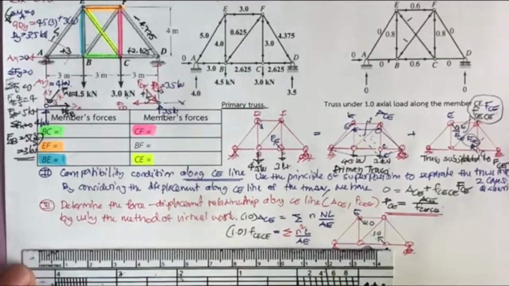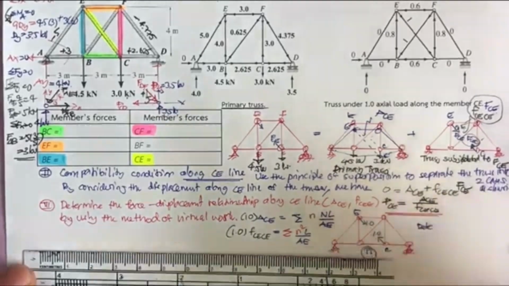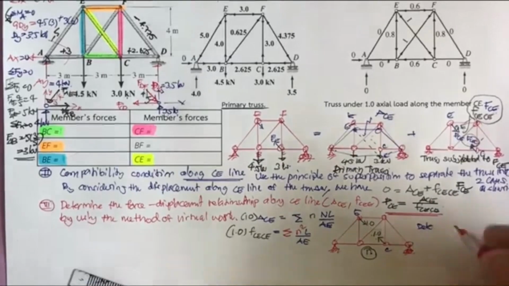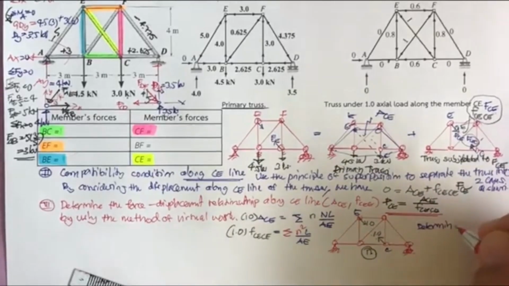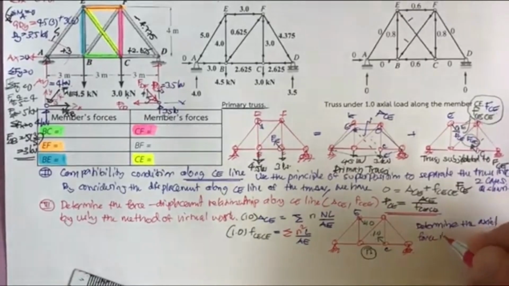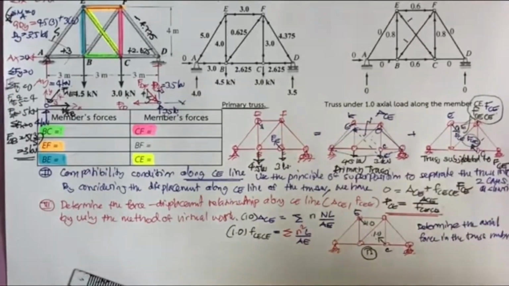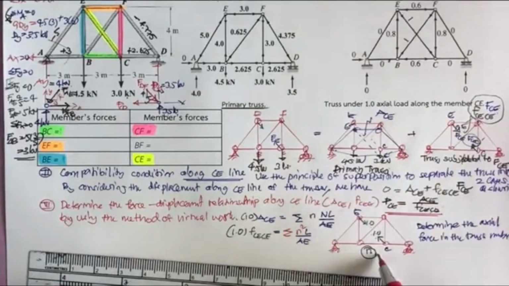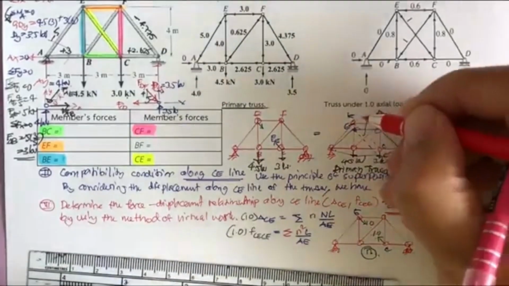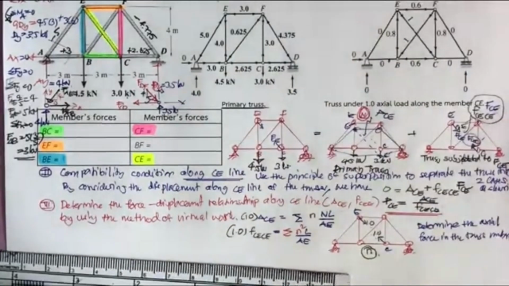And now we are going to determine the axial force in the truss members. That is going to be this capital N and also this small n.